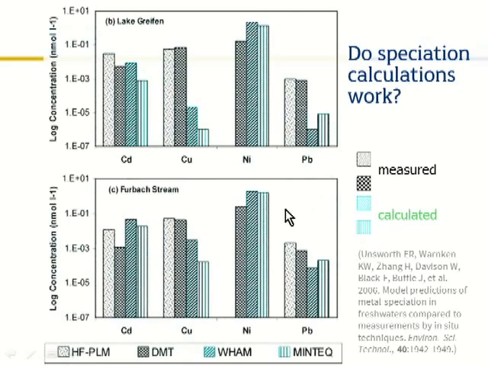Just a guess. Another example which we've had a look at already. So this relates probably both to the problems with measurement, in this case of free ion concentrations of cadmium, copper, nickel and lead in two different environments. So you can measure the uncomplexed metal ion in solution by different types of technique, or you can model it based on the total concentrations and the other compositional properties of that system.